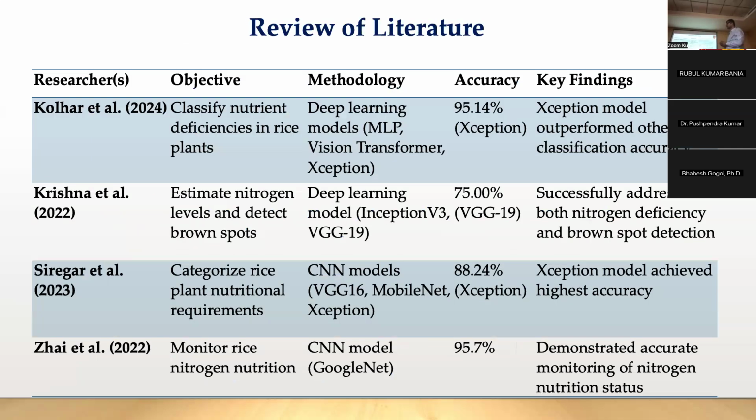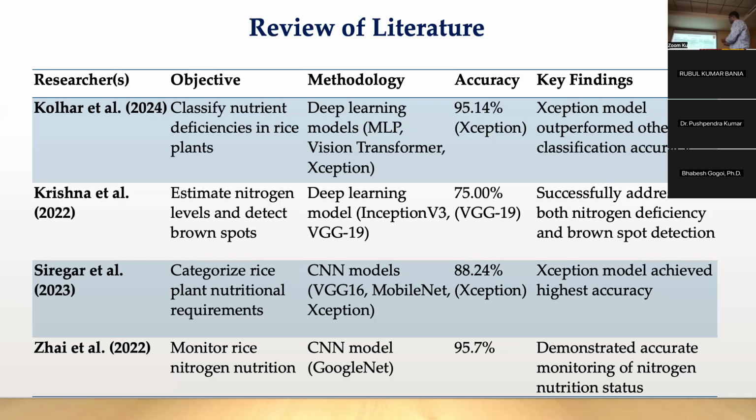We have conducted a critical review of the existing research. We have seen various researchers developing deep learning models, CNN models, and different technologies, and we found some key points. For example, Kolhar et al. are using deep learning models, MobileNet, vision transformer, Xception, and they are getting 95.14% accuracy.